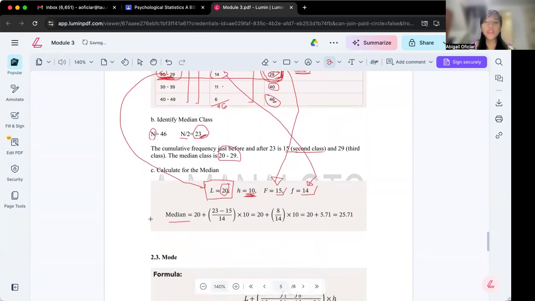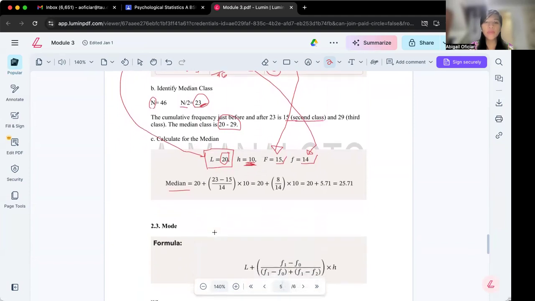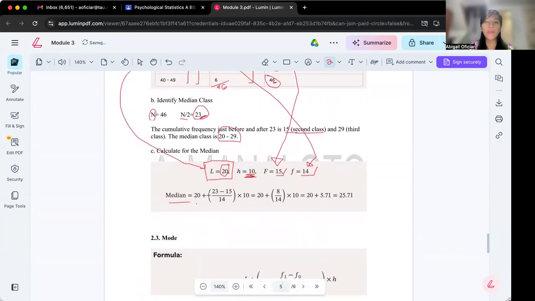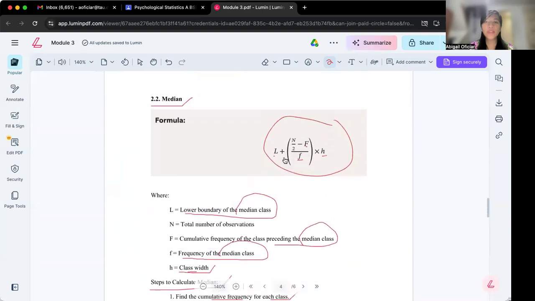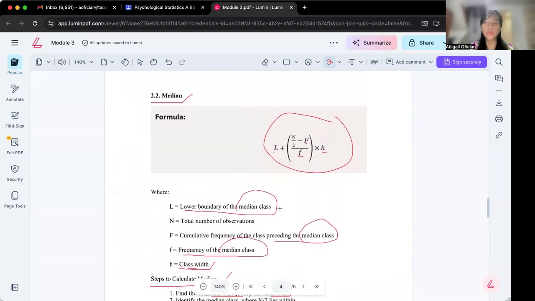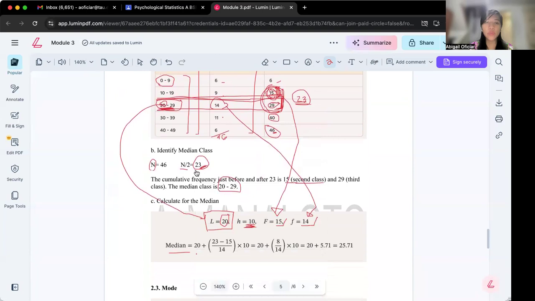So you just substitute. We need the L, which is 20, plus the N over 2, which is 23. Dyan galing yon. Minus the F, over, of course, the f.